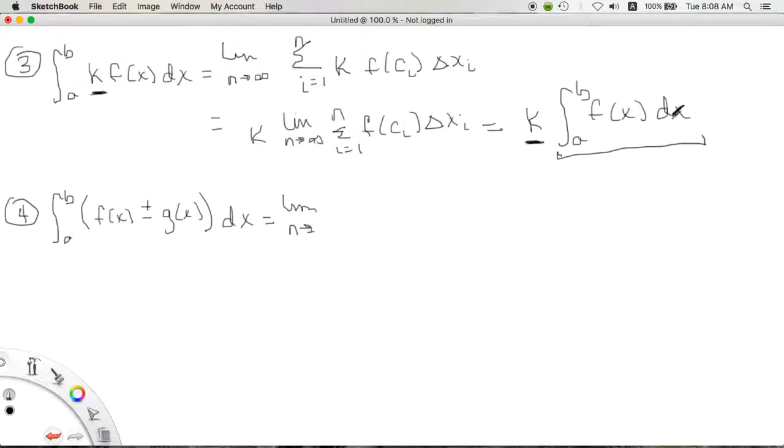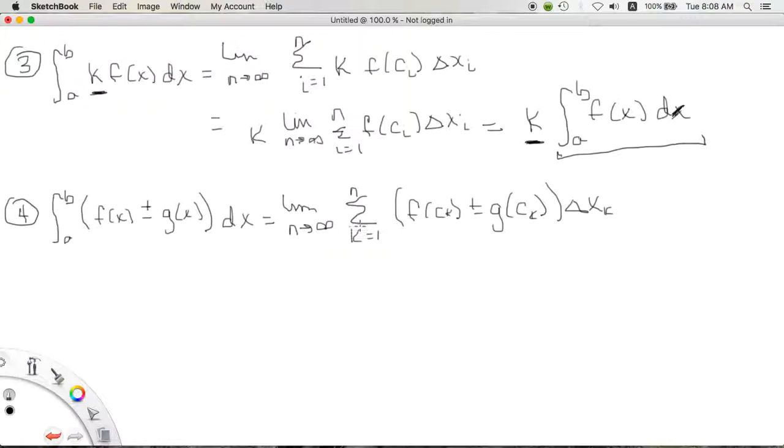You know that that's the Riemann sum, the limit as n goes to infinity from k equals 1 to n of these functions times the delta x.